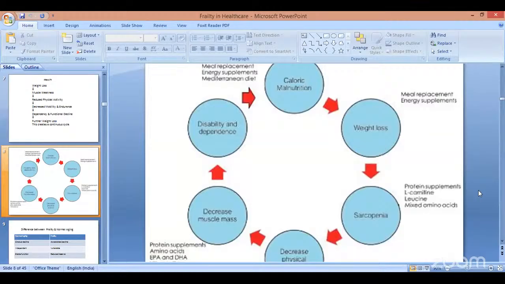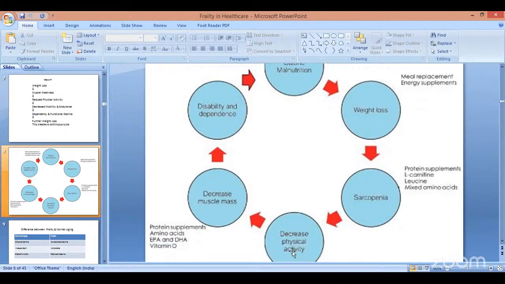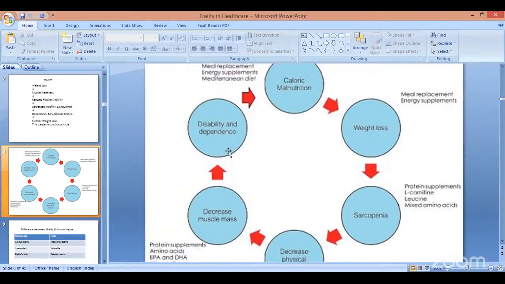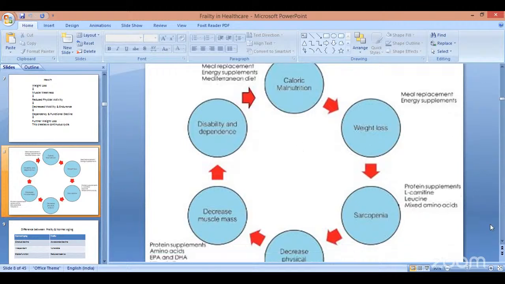So we can give protein supplementation such as L-carnitine, leucine, and mixed amino acids. When the patient has decreased physical activity, that leads to decreased muscle mass, as we said before. We can give protein supplementation, amino acids, EPA, DHA, and vitamin D. And disability and dependency cause caloric malnutrition, so we can give meal replacement, energy supplements, and a Mediterranean diet to the patient. So this vicious cycle goes on, but if we want to prevent it, we have to follow these steps.